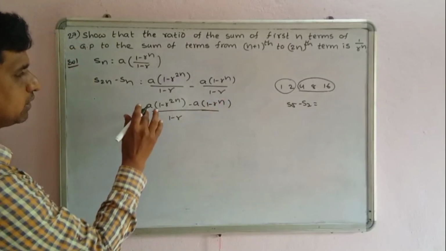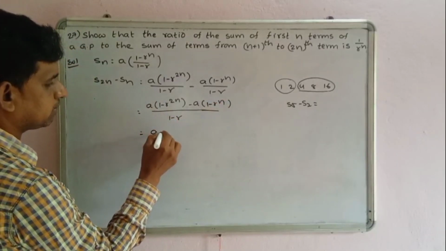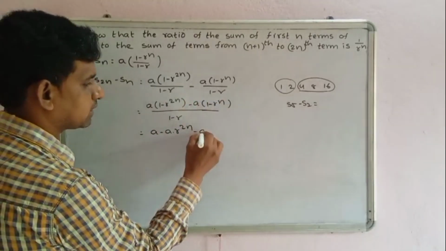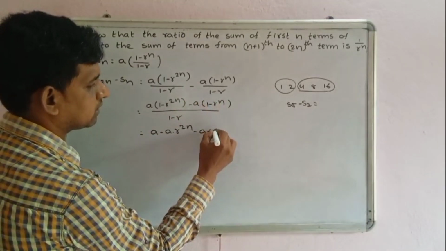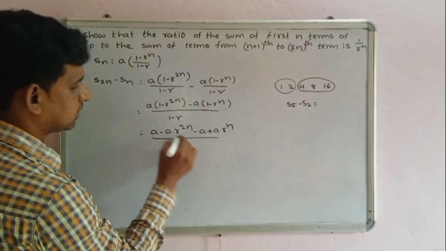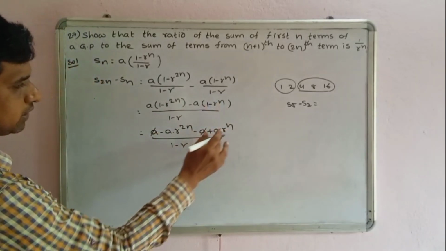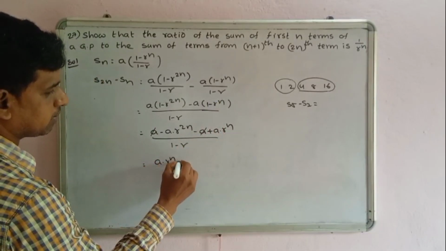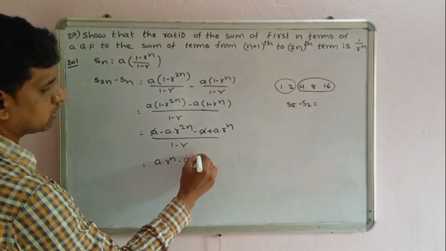Okay. Now see, a times 1 is a, minus a into r power 2n, minus a times 1 is minus a, so minus a becomes plus a into r power n, by 1 minus r. The positive and negative a get cancelled. Okay. See here, a into r power n minus a into r power 2n.